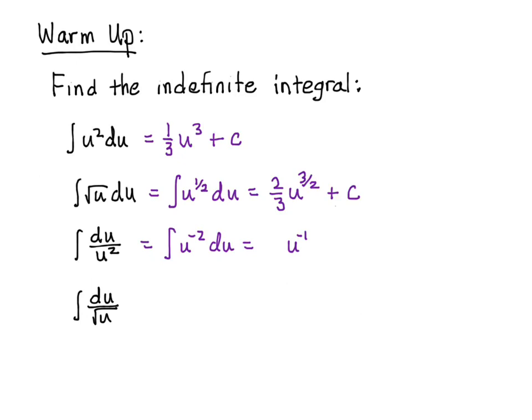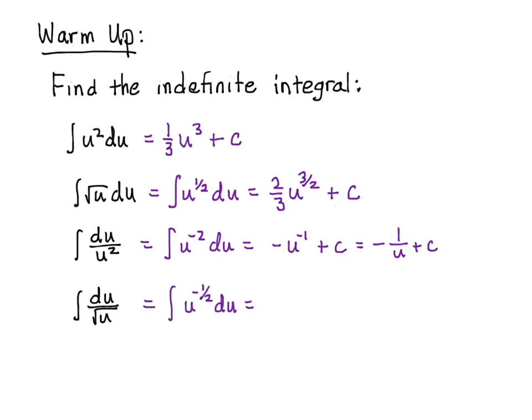We'll take the reciprocal of -1, which is -1, make that the coefficient, and add c. Before we talk about the fourth one, negative u to the -1 can be written, of course, as -1 over u plus c.